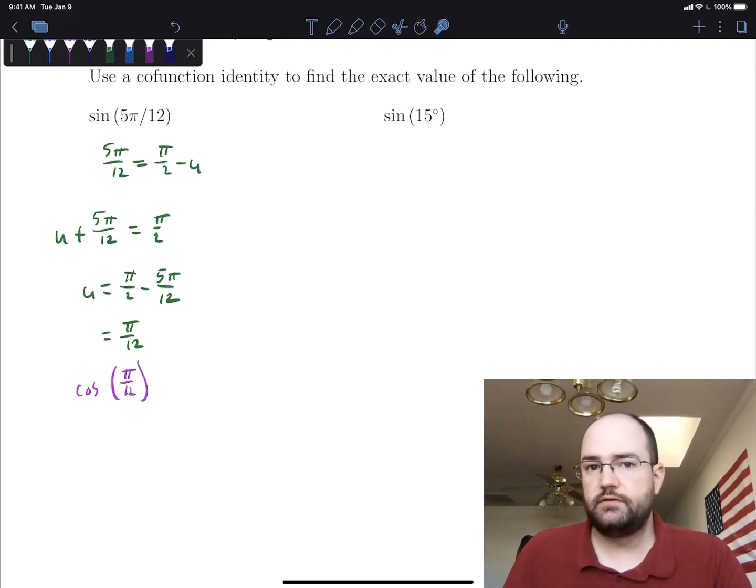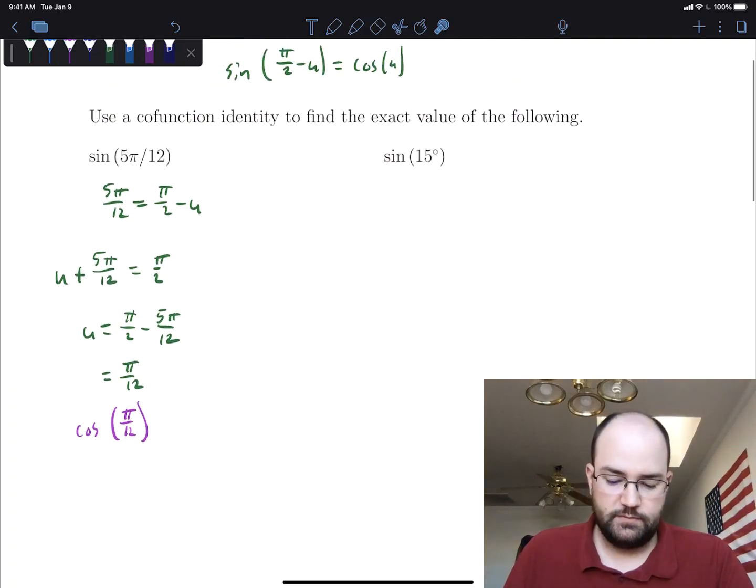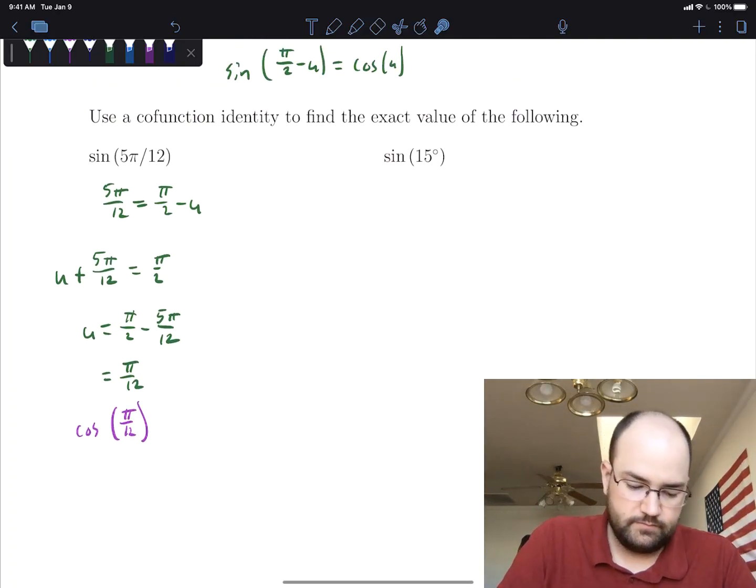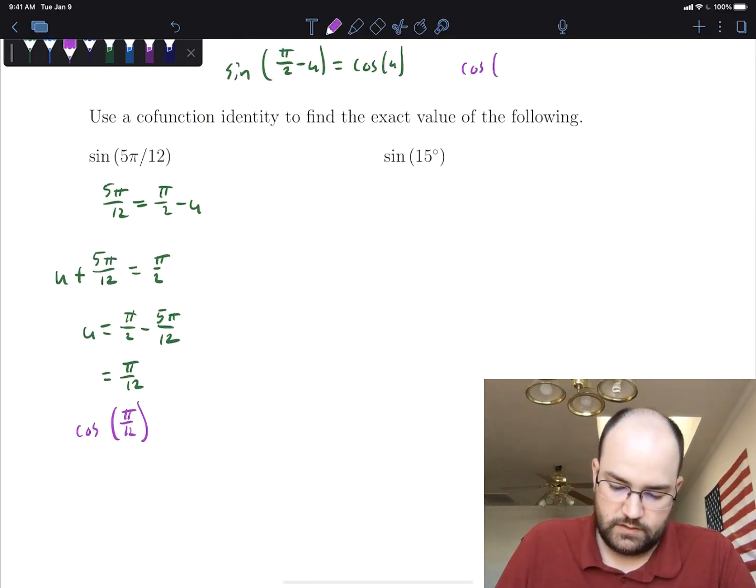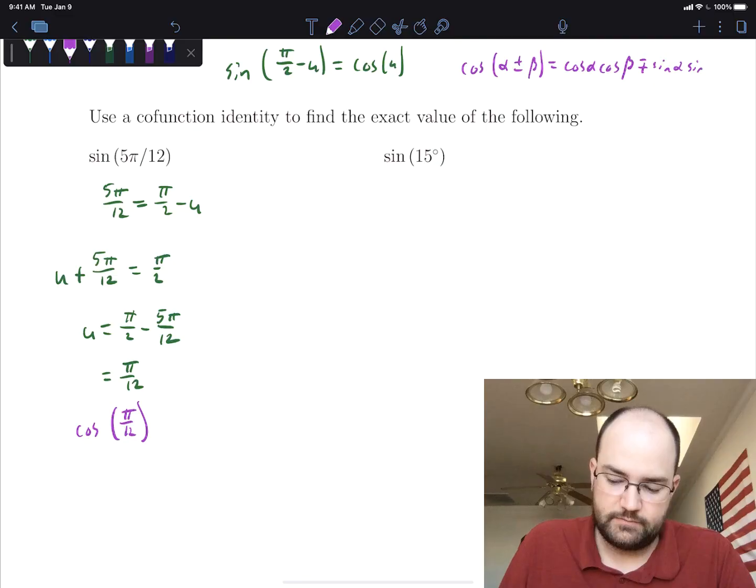We've actually done cosine of pi over 12 before, because we know that cosine of alpha plus or minus beta is equal to cosine alpha cosine beta minus or plus sine alpha sine beta.